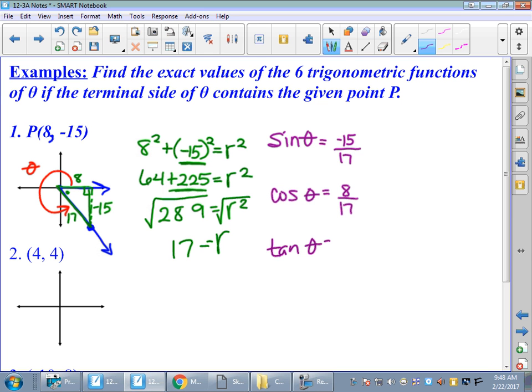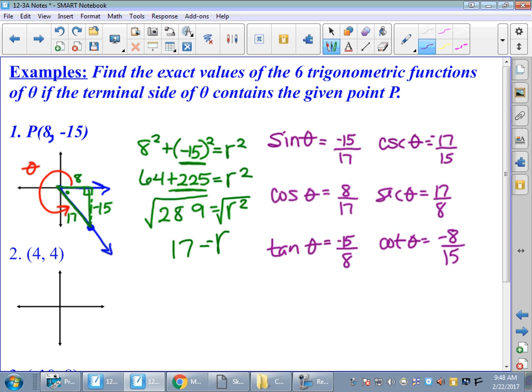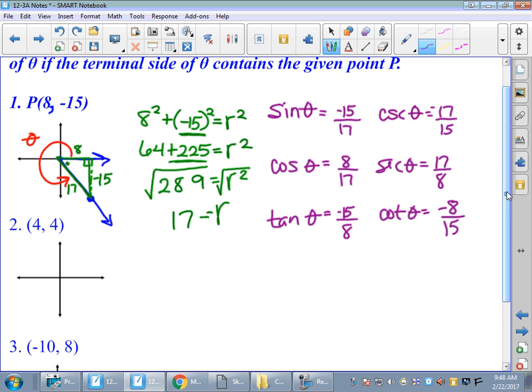And tangent theta is just opposite, negative 15 over adjacent 8. Cosecant theta is just the same 2 numbers as sine, but just in reverse order. So since it was negative, this one's also negative. I just put the negative at the top. Secant theta is 17/8, and cotangent theta is negative 8/15. I always simplify those if we can. They're in simplest form.